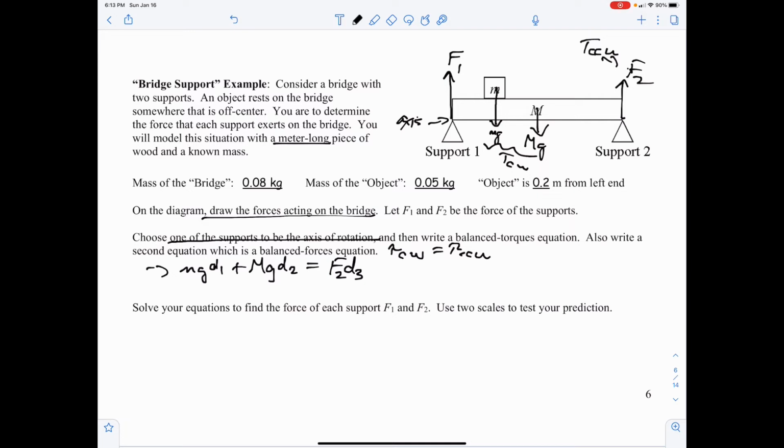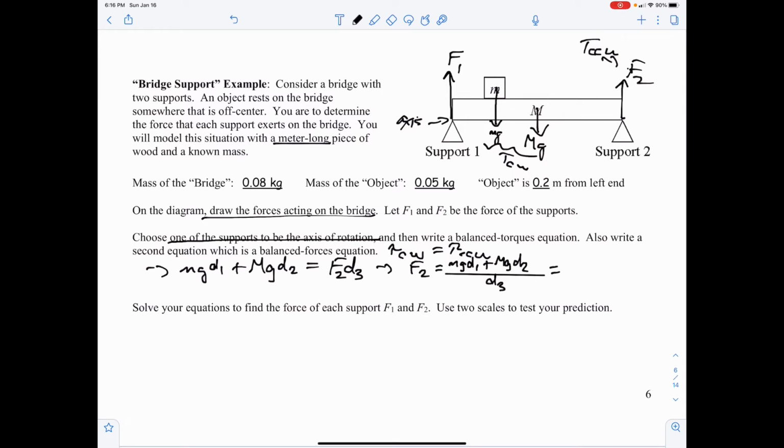Starting with the left end as the axis, we would solve for F2: mgd1 plus Mgd2, all over d3. Okay, let's plug in.